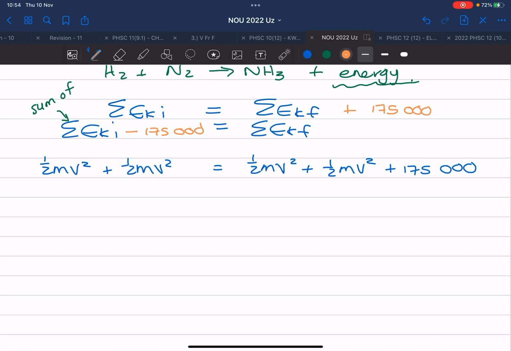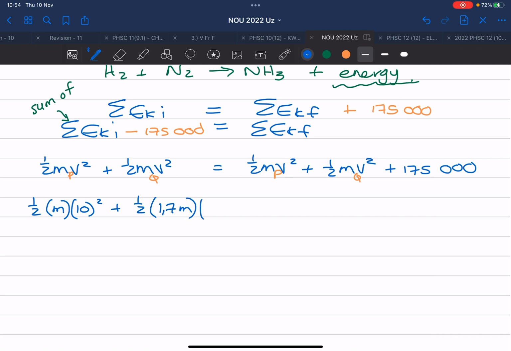Okay. So P, Q. Kom ons vul die inligting in. So dis 'n half. P se massa was m. We want to determine m. The velocity of P at the beginning was 10. And then please remember your squares. Okay, then we have a half. Q's mass was 1.7 m.